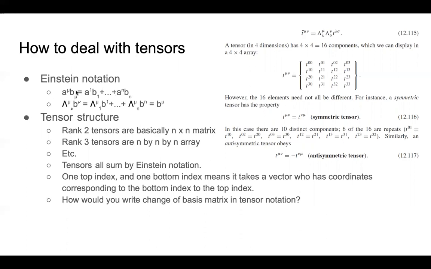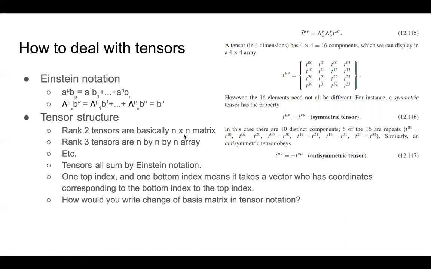You might encounter something called Einstein notation. So we have A^mu B_mu, where one index is up and one is down, and you sum over the indices. You take the common mu here and sum them together. So it takes a vector b in the nu coordinates to a vector b in the mu coordinates.